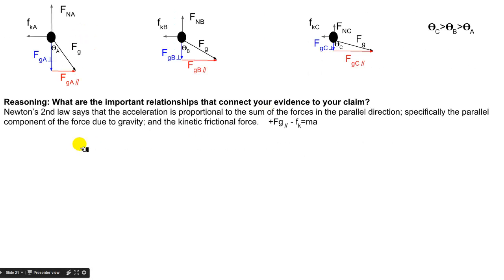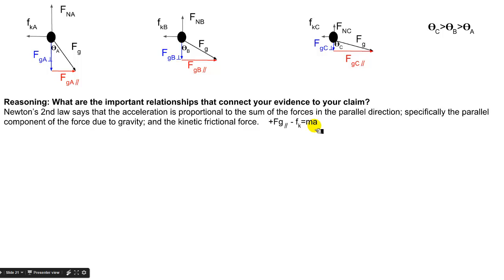So then our reasoning. What are the important relationships that connect your evidence to your claim? First of all, we have to use Newton's second law. That's the really big important topic. Newton's second law says the acceleration is proportional to the sum of the forces in the parallel direction.